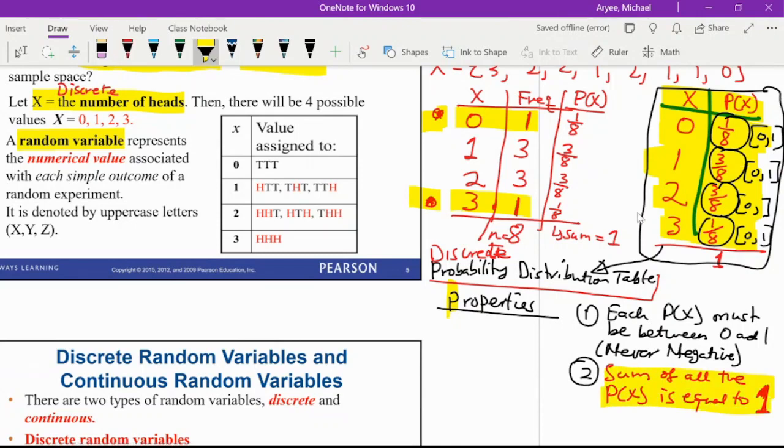Why? Because you could have a question asking whether it is a probability distribution or not. Meaning, does the table satisfy these two things? Each probability is between 0 and 1, there's no negative number, and when you add the probabilities, do you get 1?